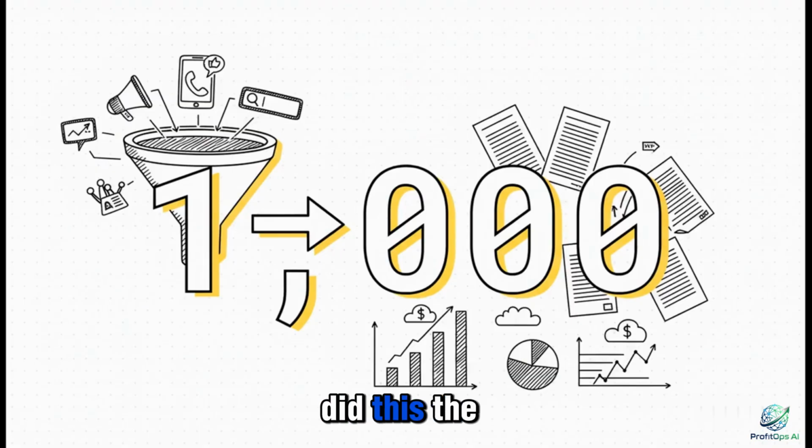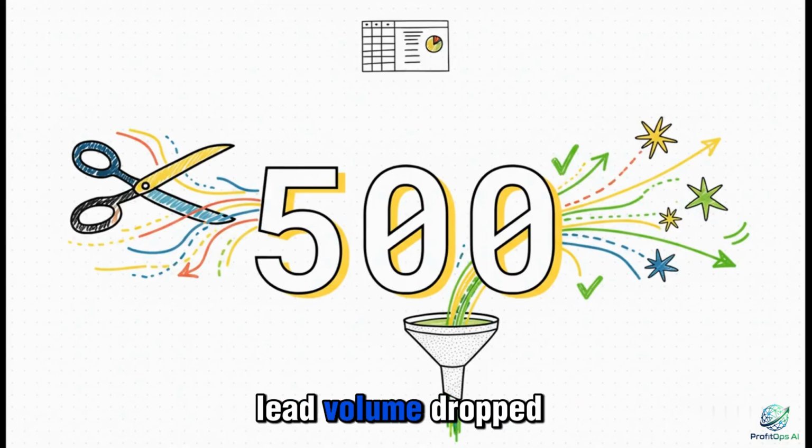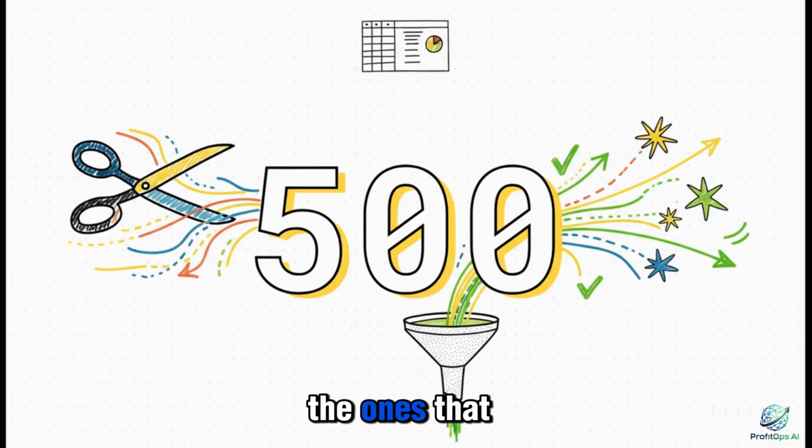So before they did this, the company was all about volume. They were generating about 1,000 leads in a given period from a whole mix of different advertising channels. After they did the analysis, they made a really bold move. They just cut their ad spend on all those underperforming channels and focused only on the winners. So yeah, their lead volume dropped to 500, but these were 500 times better leads, the ones that actually had a super high probability of converting.